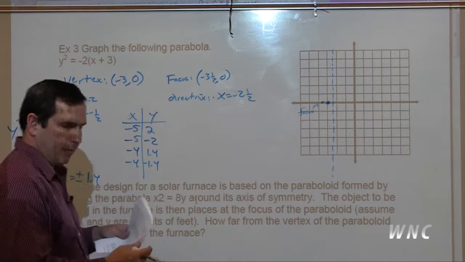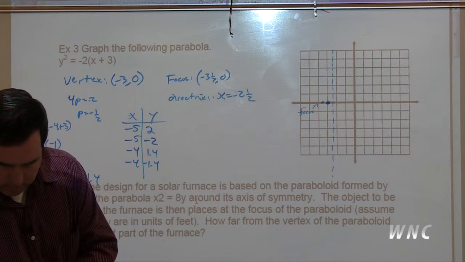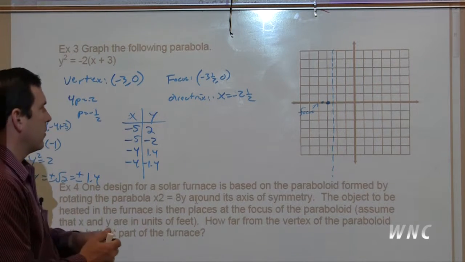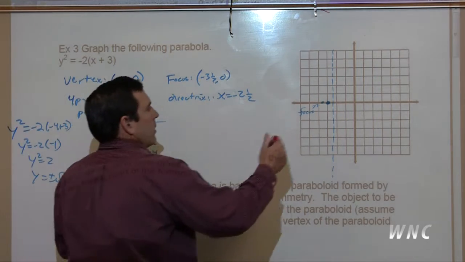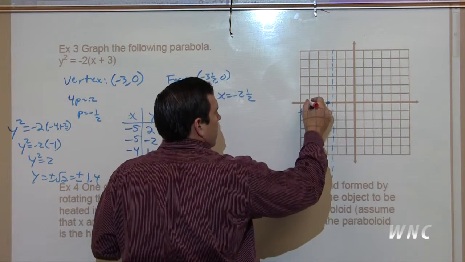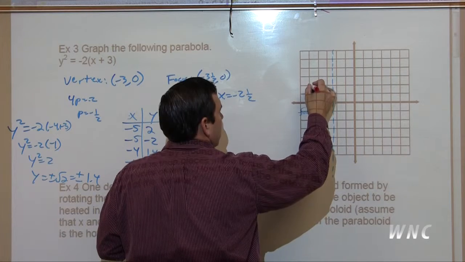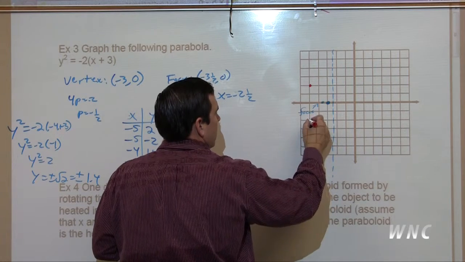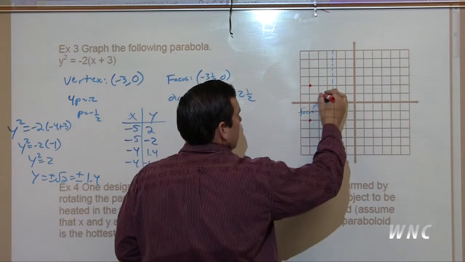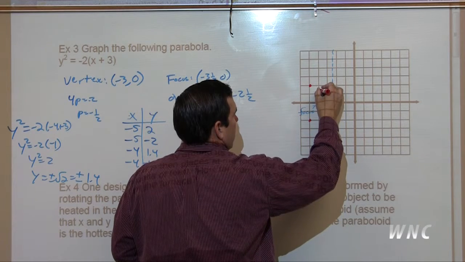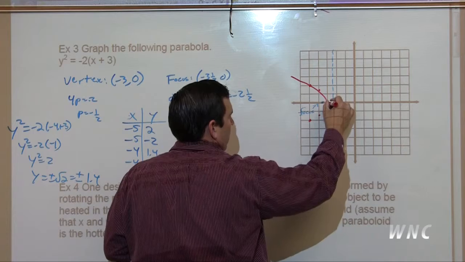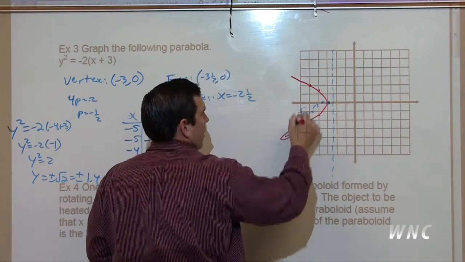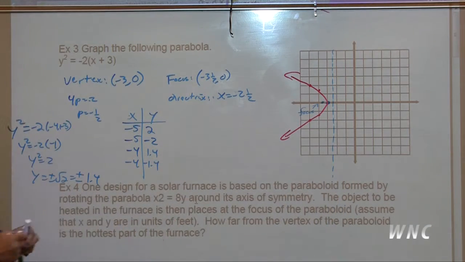Okay, so we have a couple of things here. Negative 5 is at 2 and negative 2. And the negative 4 is at 1.4 and negative 1.4. That's that. Got one more example to do here.